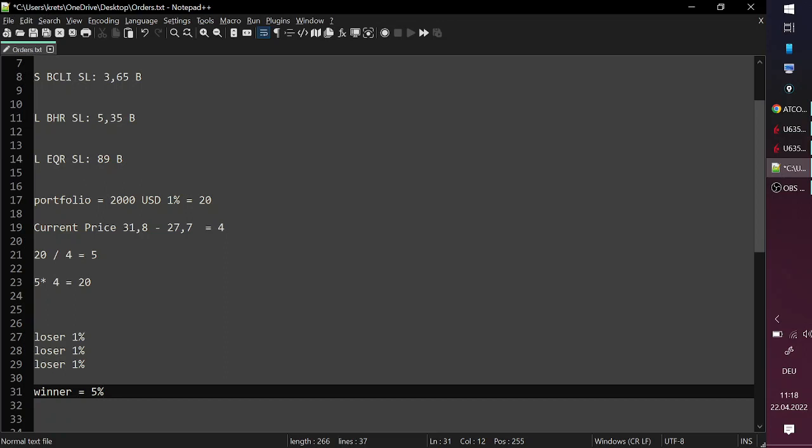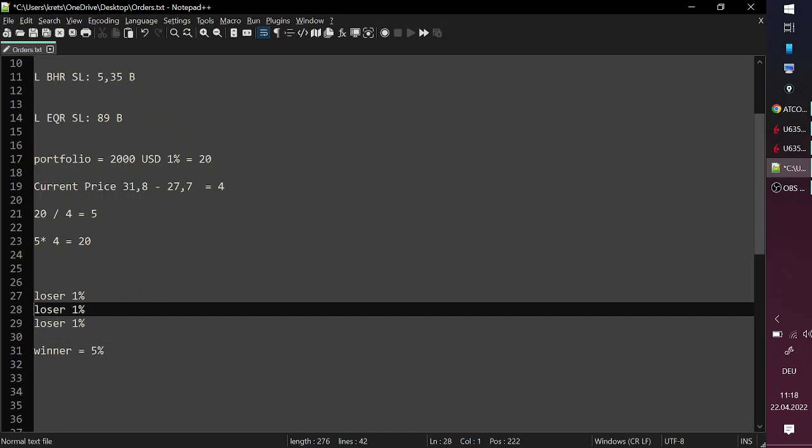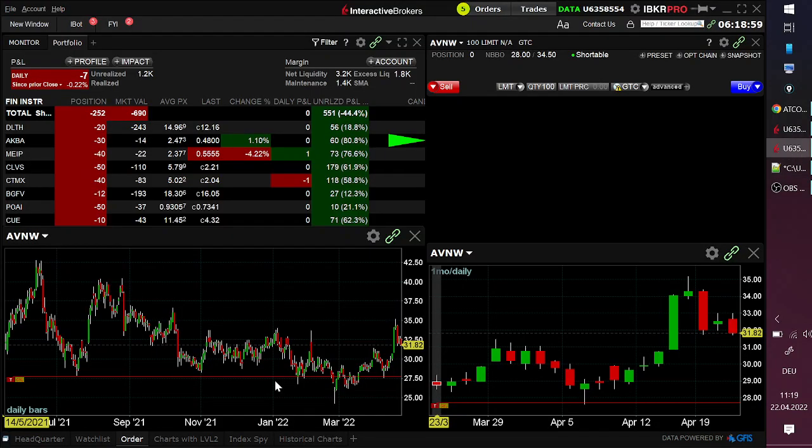Usually at least 5%, because these are growth stocks, or even more volatile. And this is how it goes. You have to assume that you will definitely win 1 in 3, and with more than 3%. And that has been the case so far.